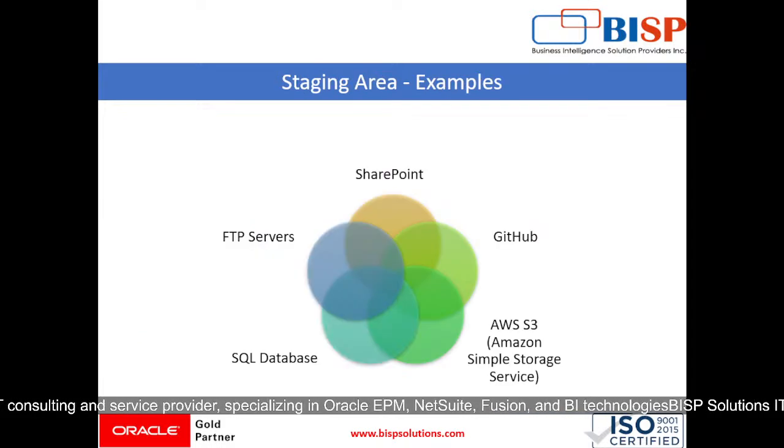Some examples for the same are SharePoint, GitHub, AWS S3, SQL database and FTP servers. In our migration process we are using SharePoint only. SharePoint is from Microsoft, and it can serve as a staging area, particularly in organizations using Microsoft products.